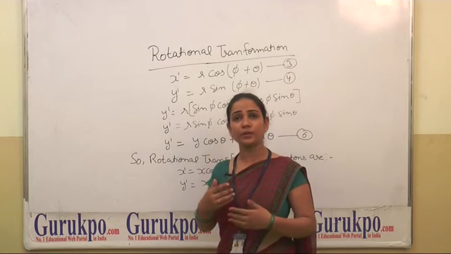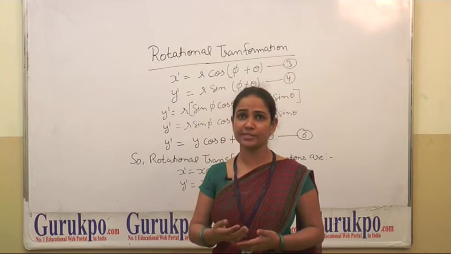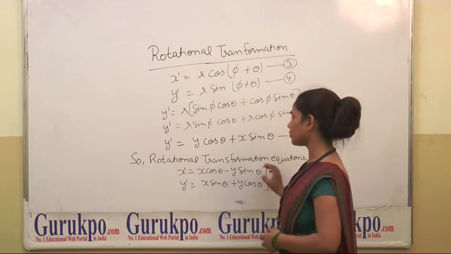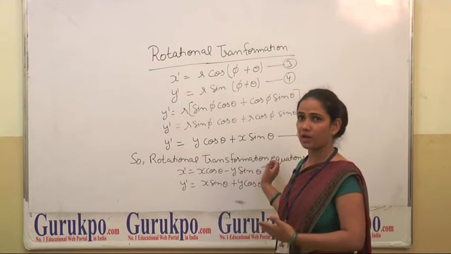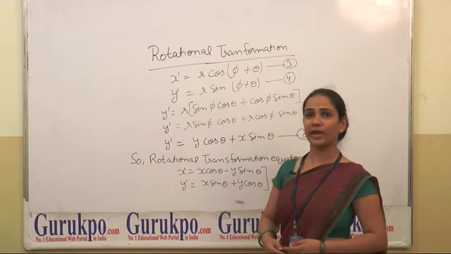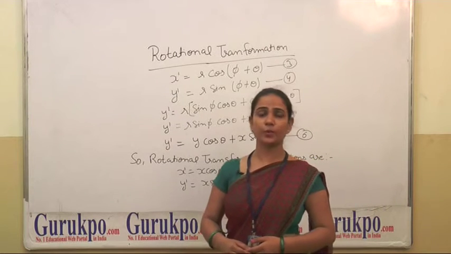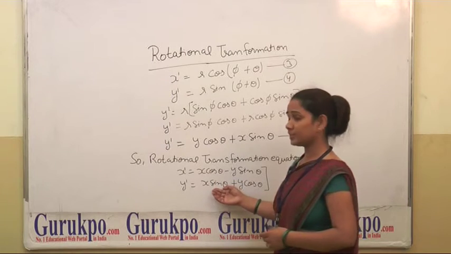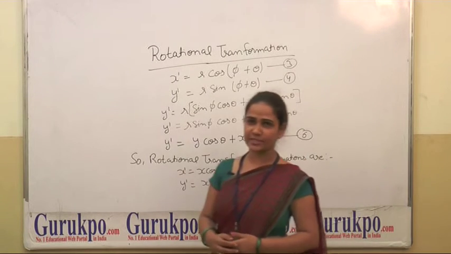Similarly, as we have applied it for X, we will apply it for Y also. So now the rotational transformation equations are X dash is equal to X cos theta minus Y sin theta and Y dash is equal to X sin theta plus Y cos theta.